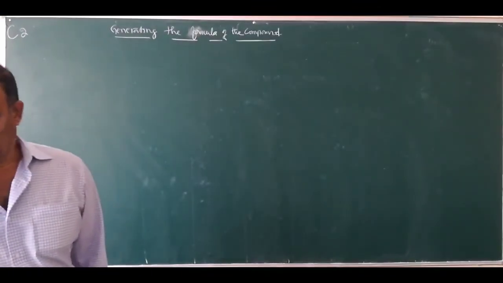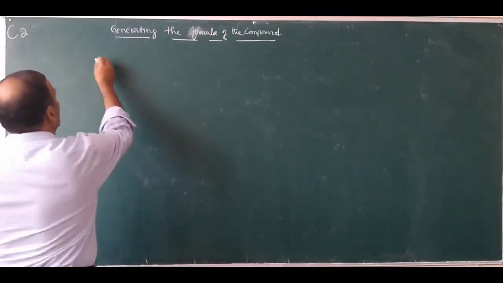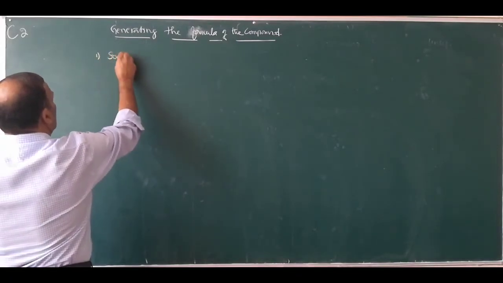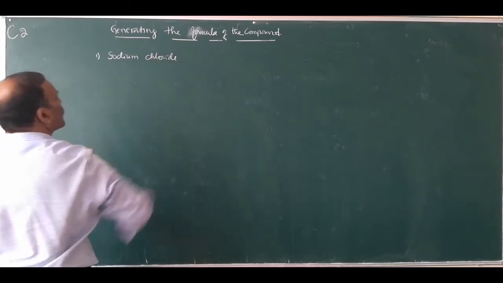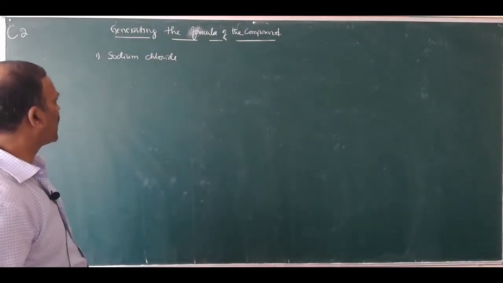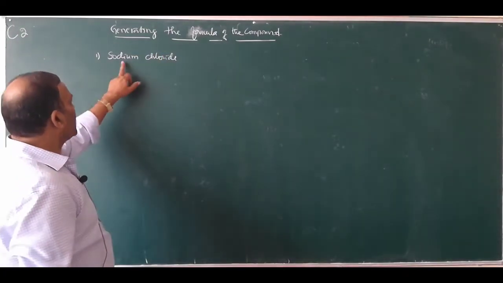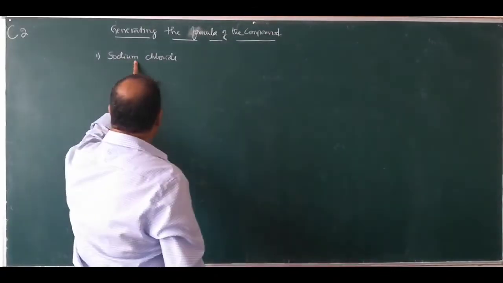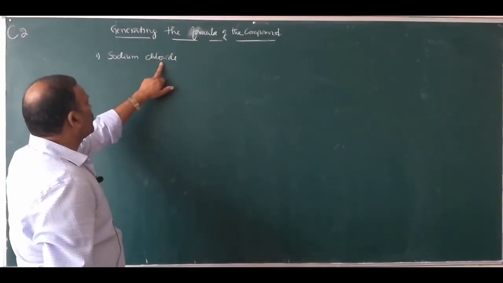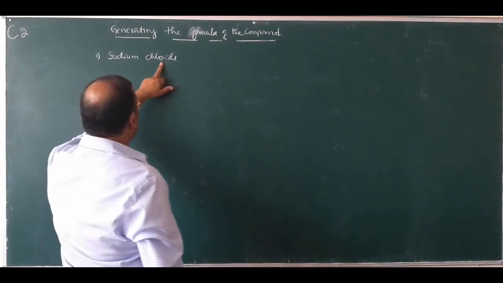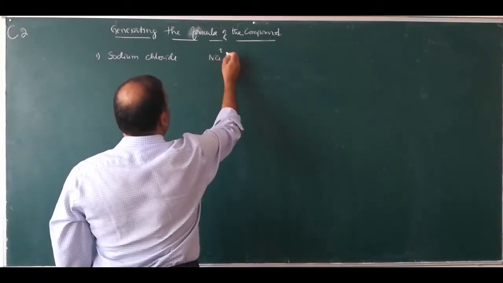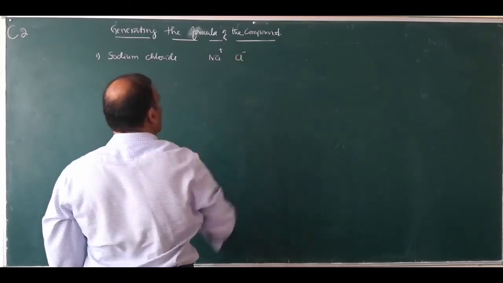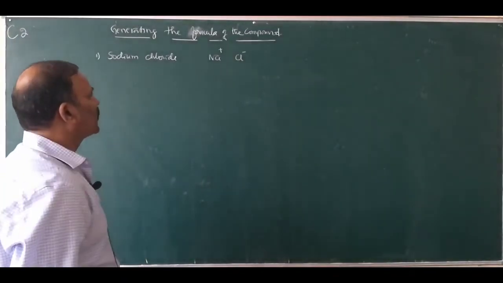Say for example, number 1, sodium chloride. You have to write the symbol of the sodium cation and the symbol of the chloride anion. So you have to write Na plus, Cl minus, sodium chloride.